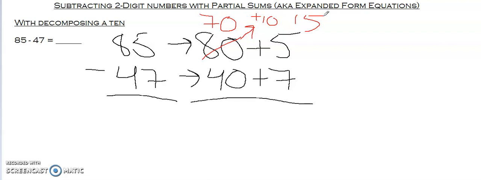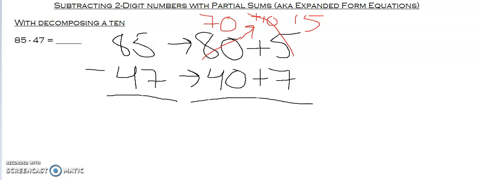All I've done to the 80 plus 5 is I have changed the form of the number to make it work better for me. 70 plus 15 is an equal value to 80 plus 5. And we just kind of cross that out so we don't accidentally use it.